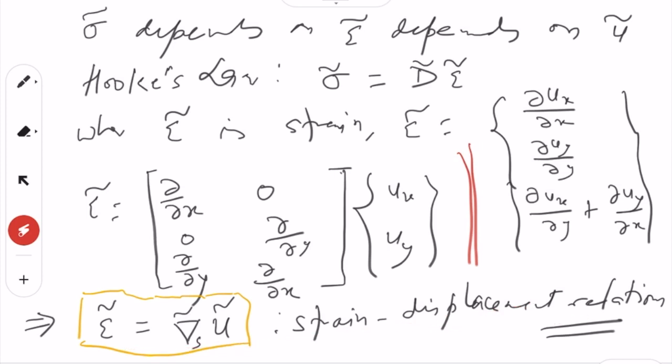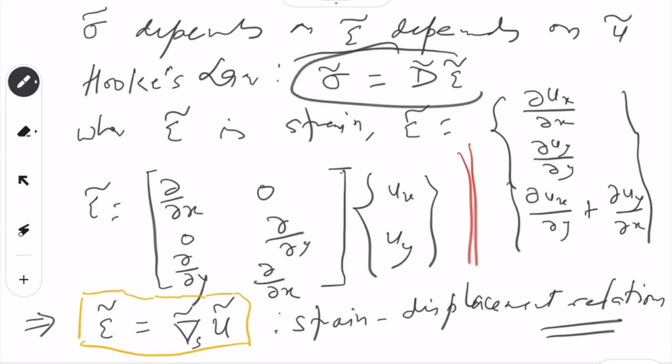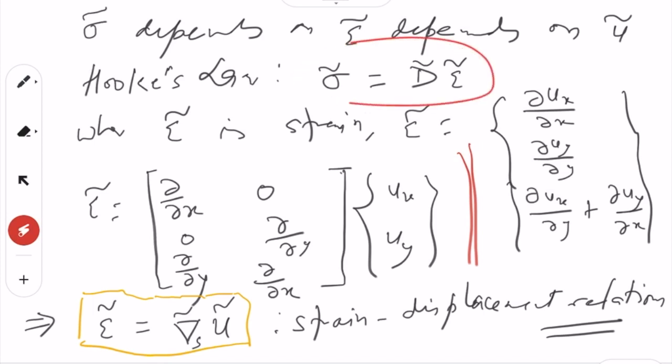Now, second thing is we are going to use Hooke's law. We know what the strain is and that the strain depends on the displacement like this one. Next thing is what the stress is, what is the value of D and how this is related to this one.